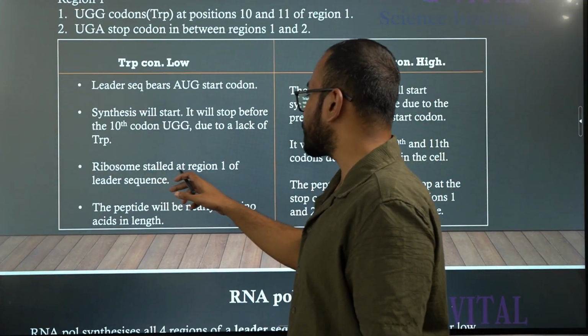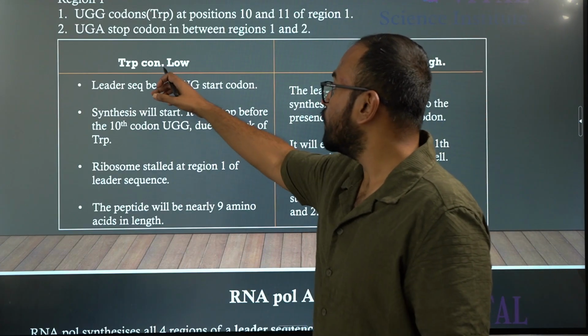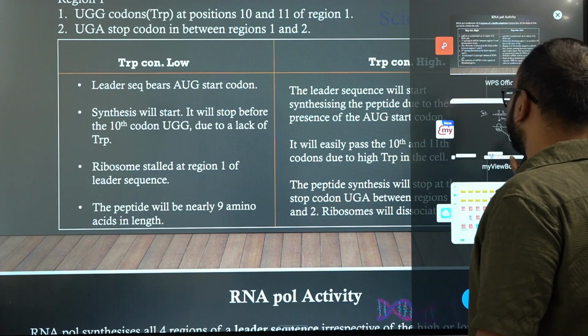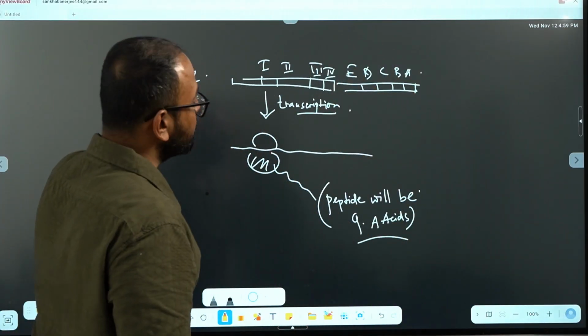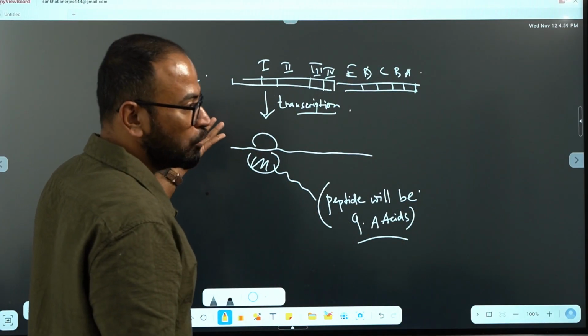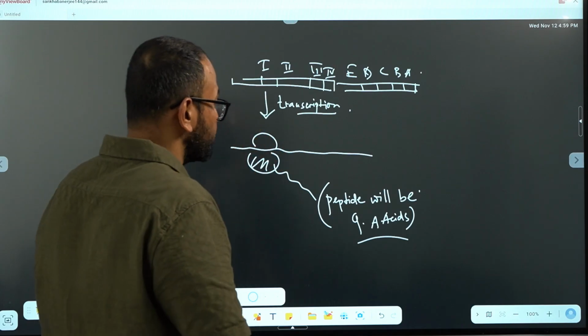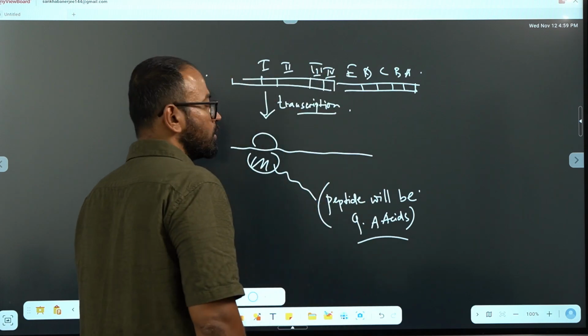Because the ribosome has stalled at region 1 of the leader sequence because of the low concentration of tryptophan. That is why it should be 9 amino acids in length, and we have low tryptophan. So no tryptophan will be able to bind at the 10th and 11th position of this mRNA. So the ribosome will be stalled.